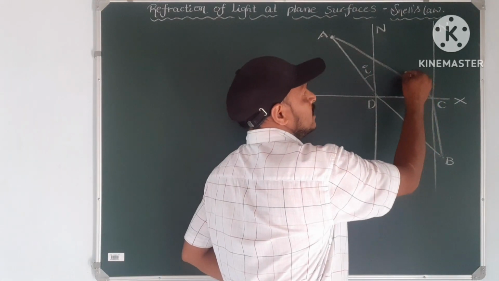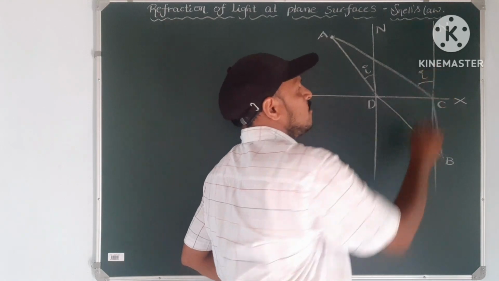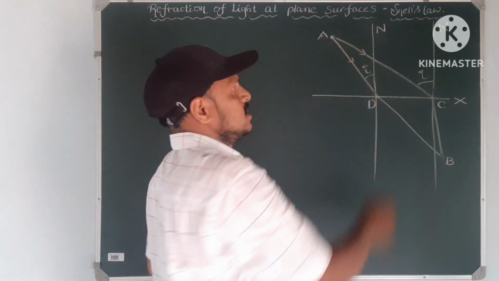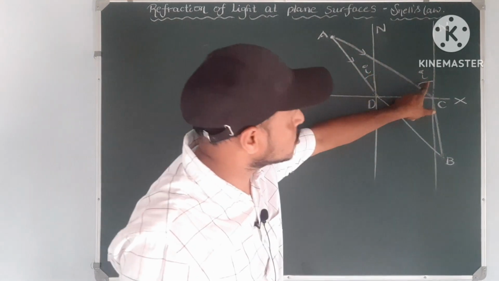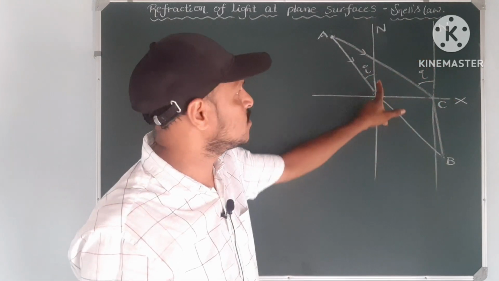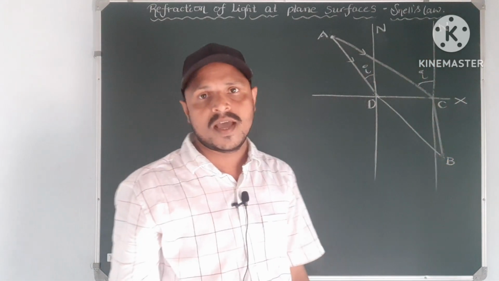The angle between these two is also the angle of incidence, because this is the incident ray, this is also the incident ray. This is I, this is also I, because these two points are very nearest points. That's why the angle between these two is I, and also these two is I.